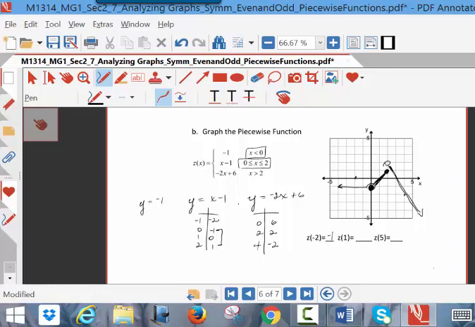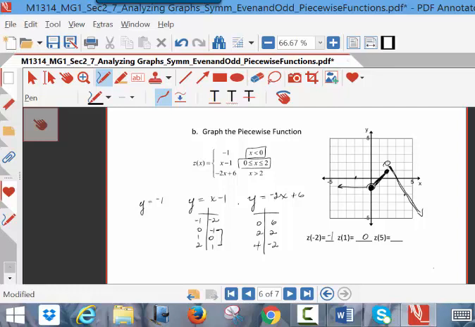When x is 1, we're sitting here, which is the middle graph. Positive 1 fits in this inequality. 1 is between 0 and 2. 1 on the graph is also for that equation. So what is its value? 0.